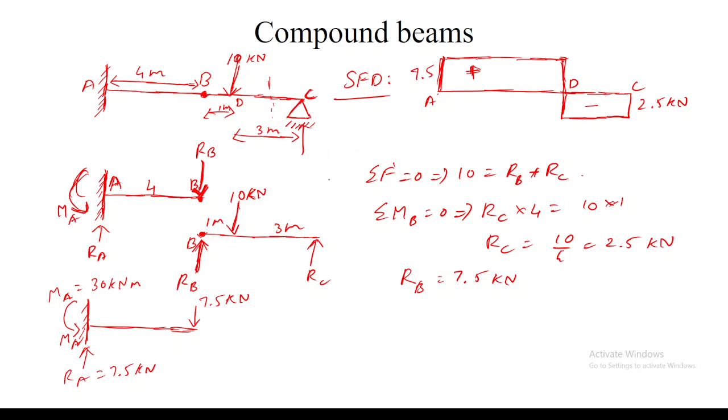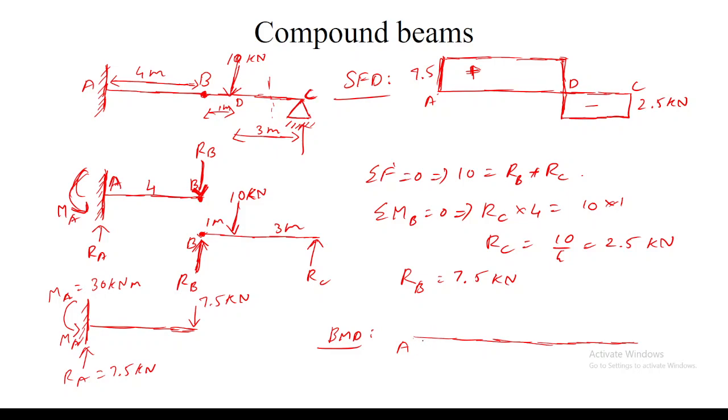Then can you draw the bending moment diagram? Or from this shear force diagram itself, can you say what will be the value of the bending moment at point A?